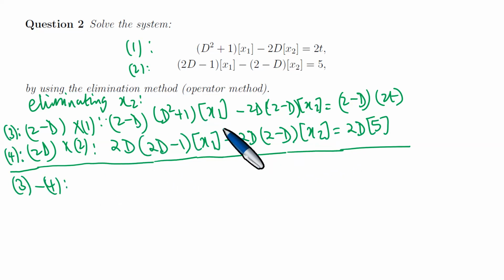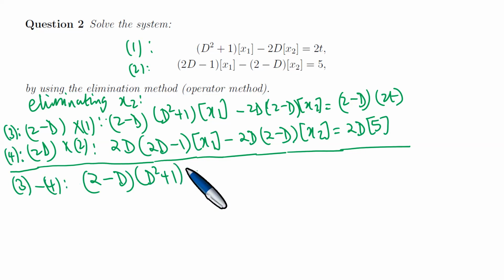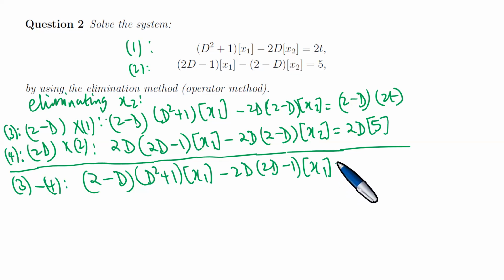And then we're left with this. Okay, we're left with the x1, so let me just write minus 2 minus d, and then we have d squared plus 1, and we have x1, and we have minus this. Right, and so we have that.